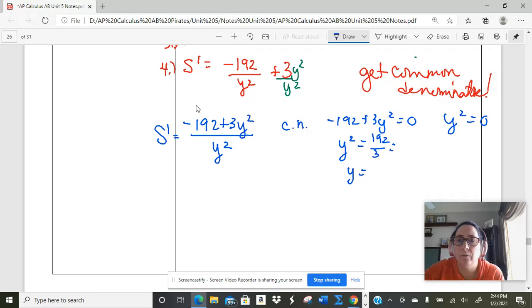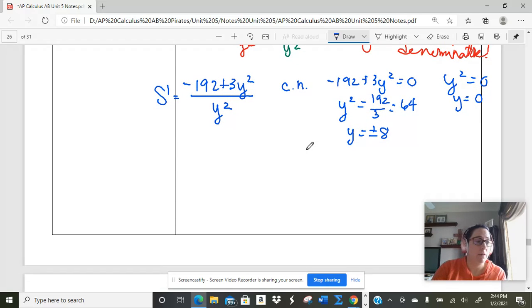192 over 8, 64. So square root is plus or minus 8. And then that's 0. So I actually have 3 critical numbers, and a lot of times people lose points there. They don't find all of them, but there are 3. So now I'm going to go ahead and find what I need to with those.